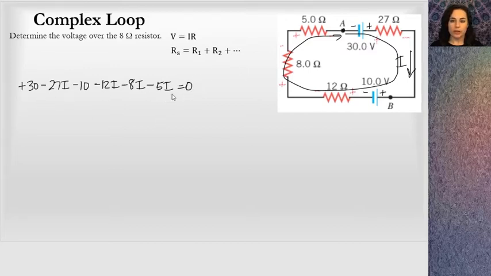You can see when I simplify this algebraic expression, I get 20 minus 52I equals 0. And so I just solve for the I in the circuit. And the idea here is that we took all of these resistors and we combined them essentially to 1 resistor.